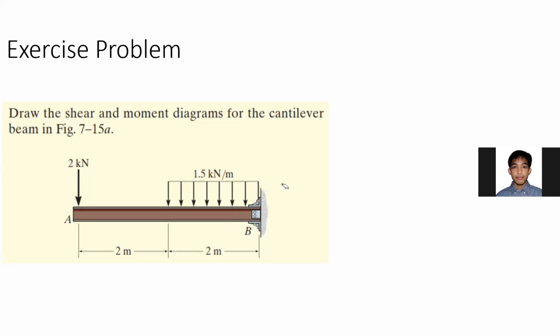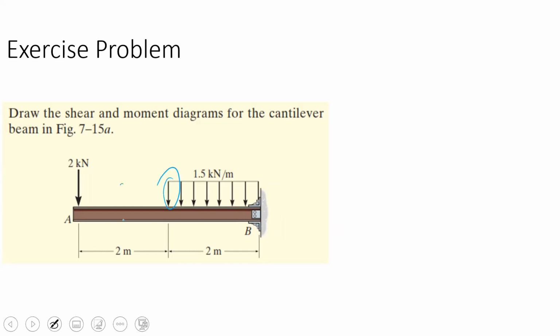I think we will have two. Two, correct. From the 2 kilonewton until the starting point of the distributed force, we need one section. This is the first section, and then from the starting point of the distributed force until the end, we will have another section. So the first section will represent this part. The second section will represent this part.